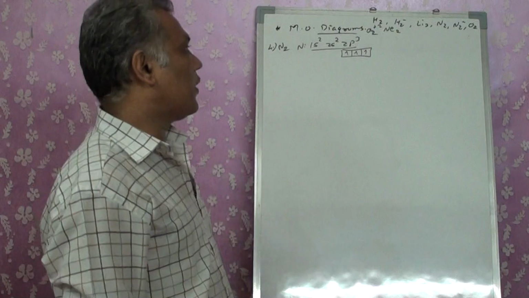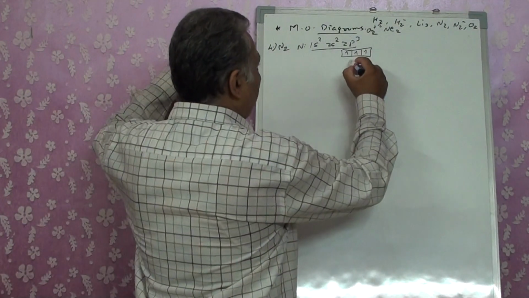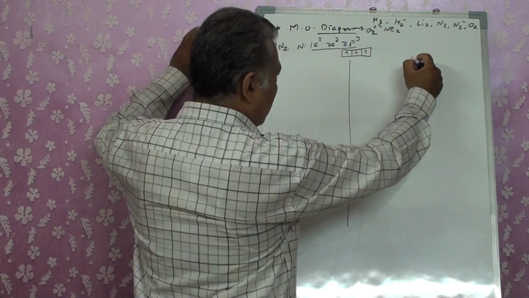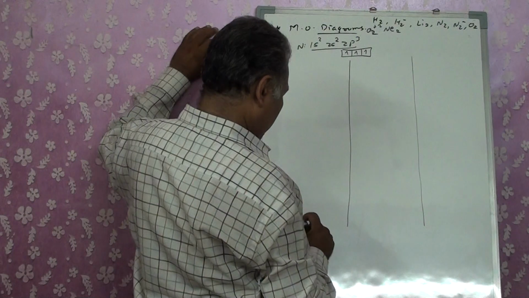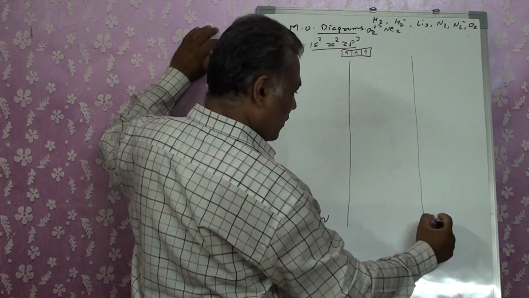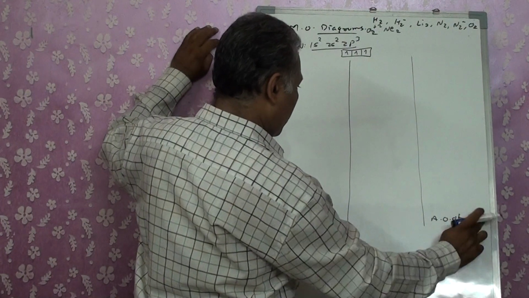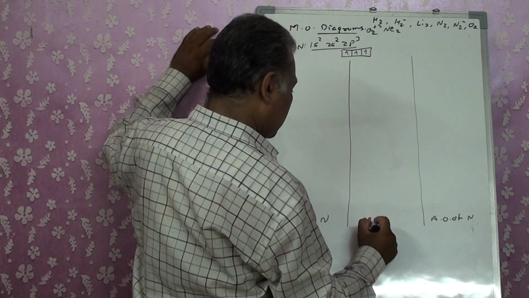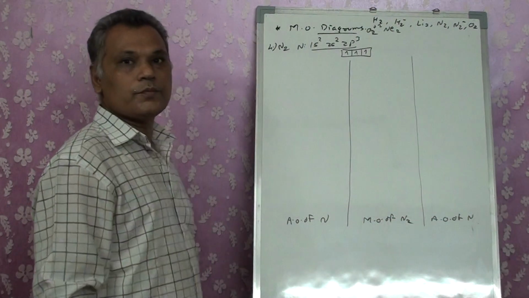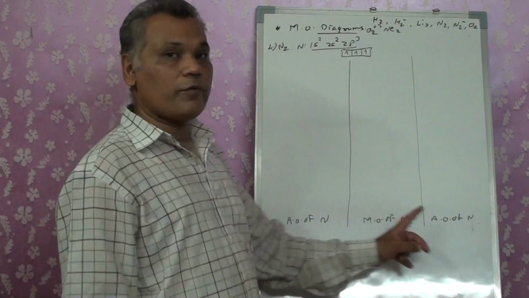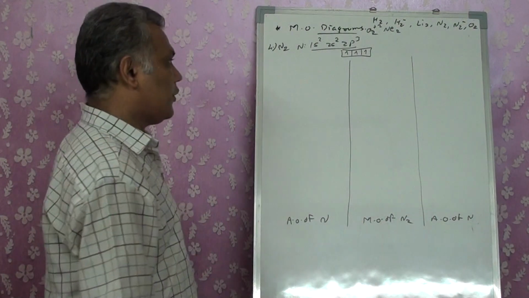And that's the reason why you will have a difference in the diagram. This we will consider as the atomic orbital of N, atomic orbital of N, so you will get the molecular orbital of N2.